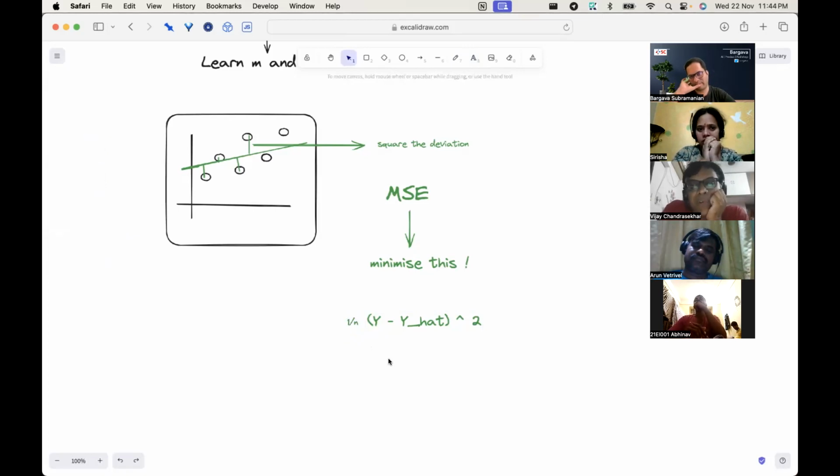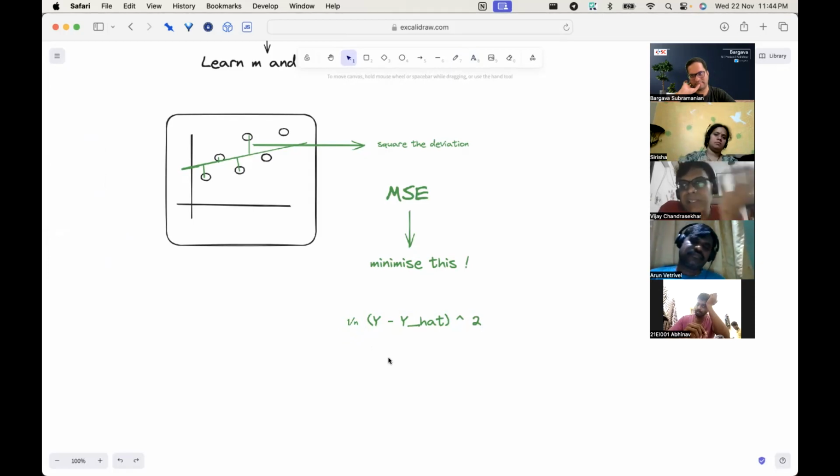Y hat, of course, is the predicted function, so it's like mx plus c, essentially, where x is the input value. So this would be an equation in m and c, effectively.